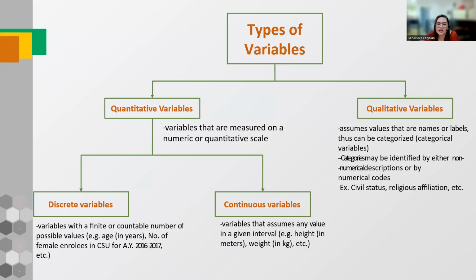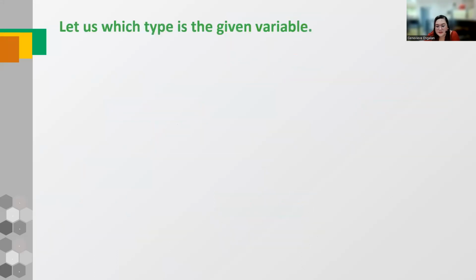Or in meters, you can say I am 1.5 meters tall. And we also have the weight, no? So, the discrete cannot take numbers in decimals, while the continuous can take numbers with decimals.